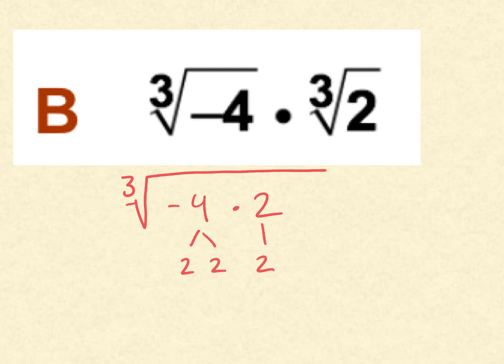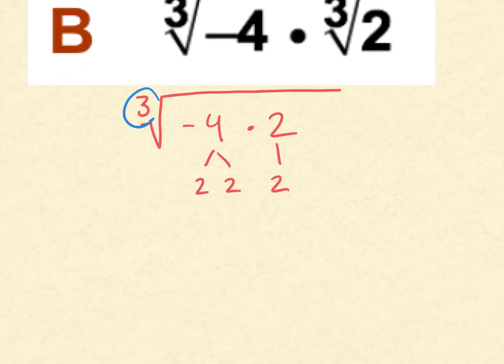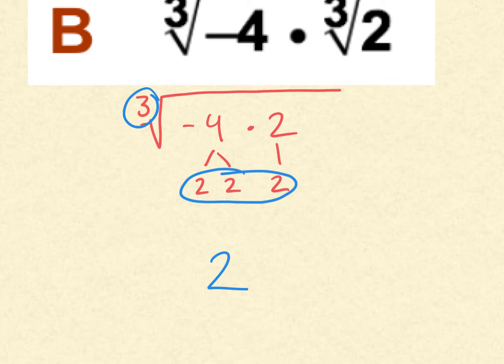And 2 breaks down to 2. I'm circling groups of what here? 3. Groups of 3. So what would I circle? The 3 2's. So what comes to the outside? 2. Do I have anything left on the inside? No. And then for this one, since it was negative on the inside, we make it negative on the outside.